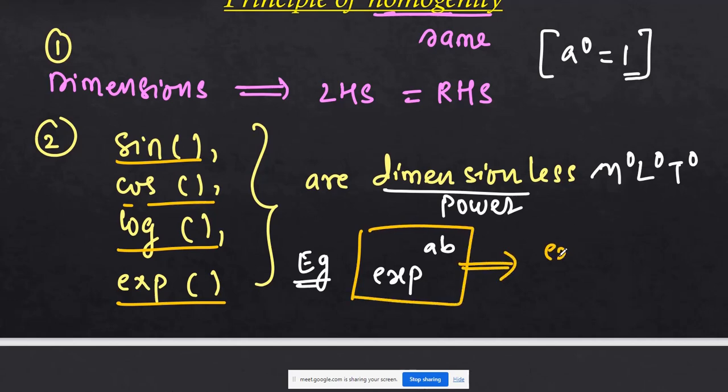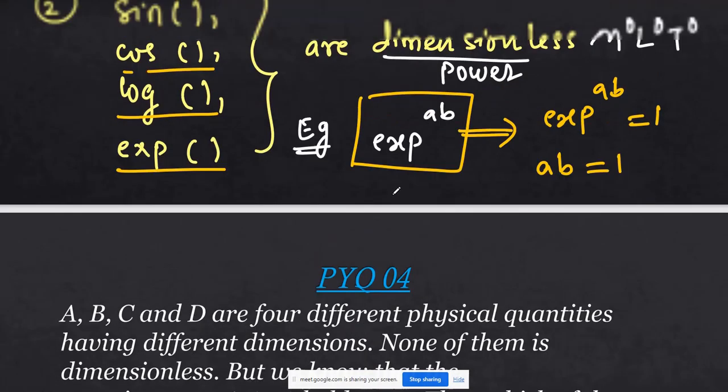So its value, exponential of AB, will be 1. Even if I take only the AB value, that will also be 1, because that is also a part of the exponential function. The whole expression's dimension is 1. The power of the exponent is also dimensionless, 0 means 1. Is this point clear, Sahiti?